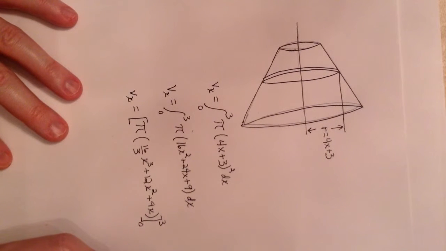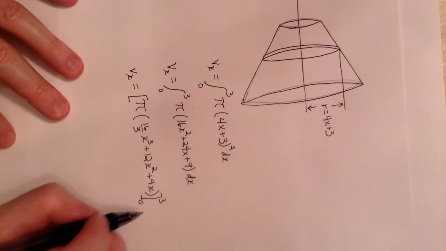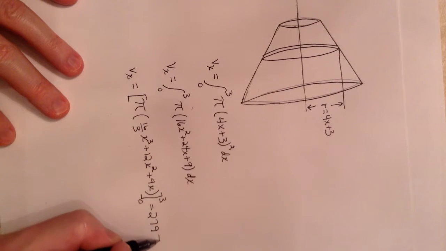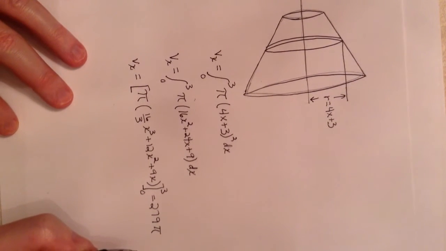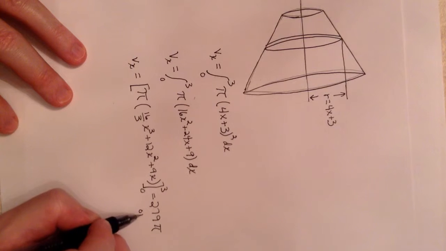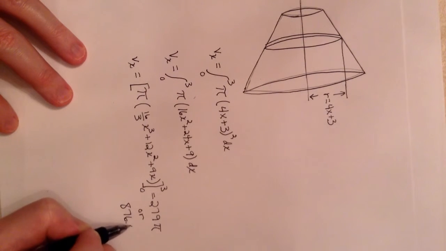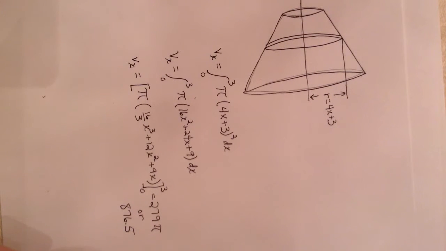And for the exact value on this, this will end up at 279 pi. And as a decimal approximation, we have about 876.5 cubic units.